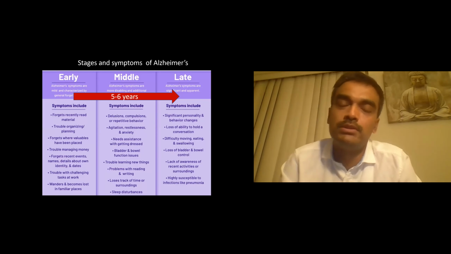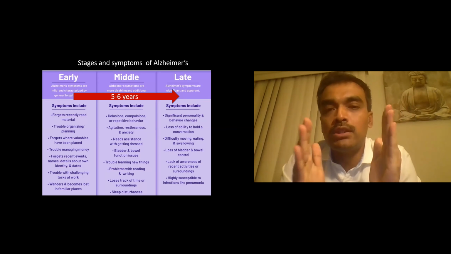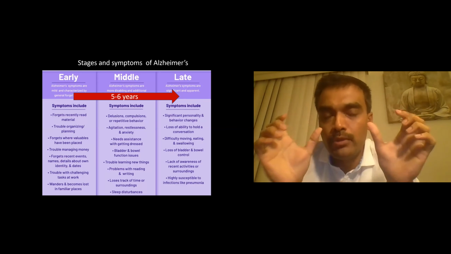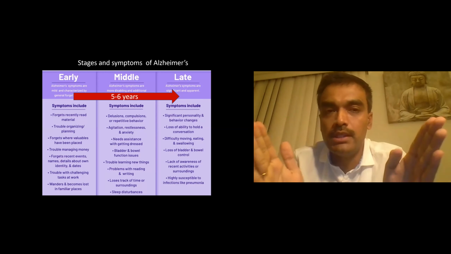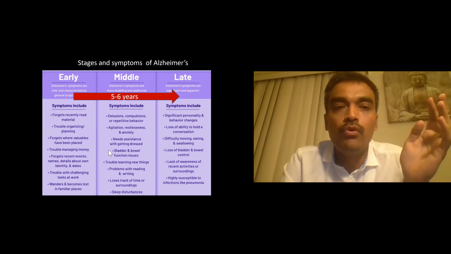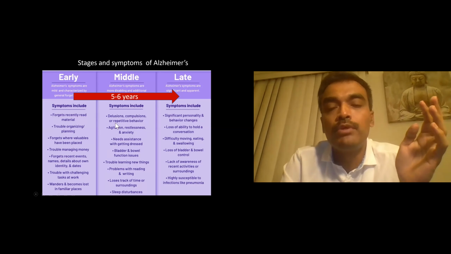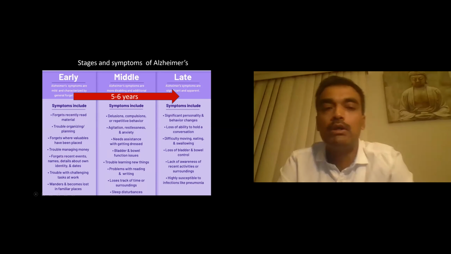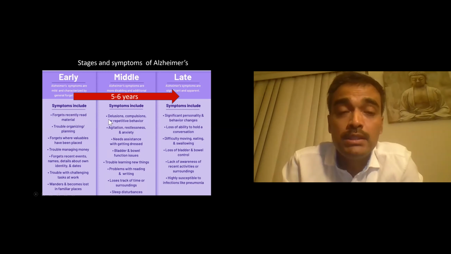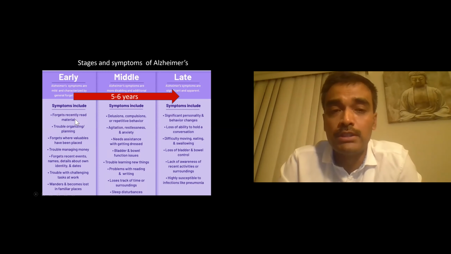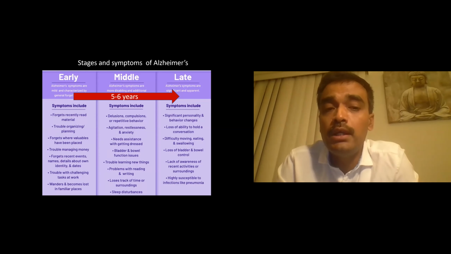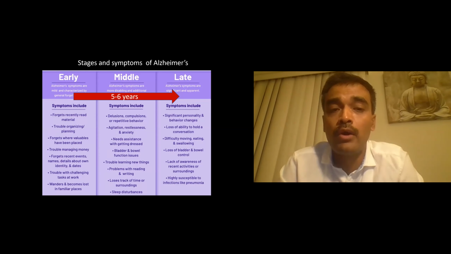Stage-wise, it is not just one stage. Clinicians have divided Alzheimer's disease into 3 different stages: early, mid, and late. I'm not going into all the details, but when a person is about to get Alzheimer's, let's say around the age of 65 or 70, they will start forgetting certain things. They will have trouble organizing or planning.